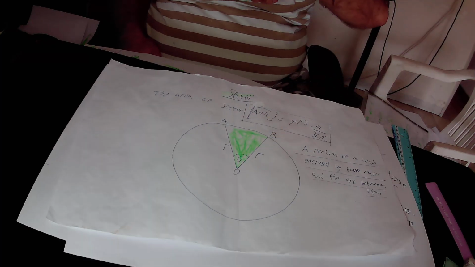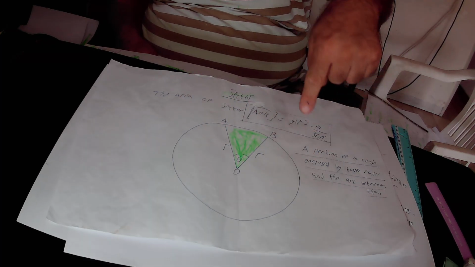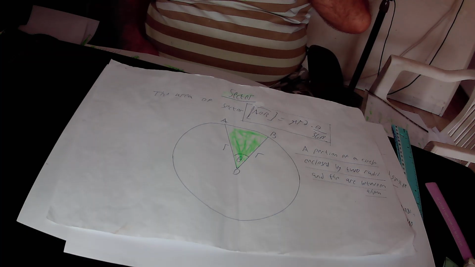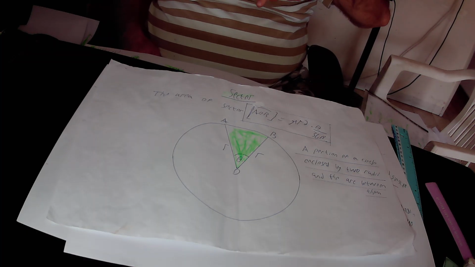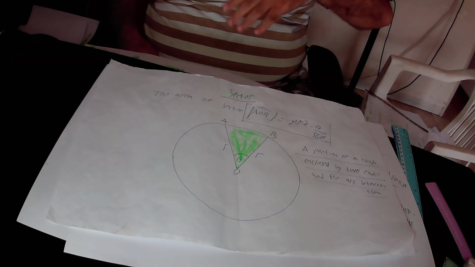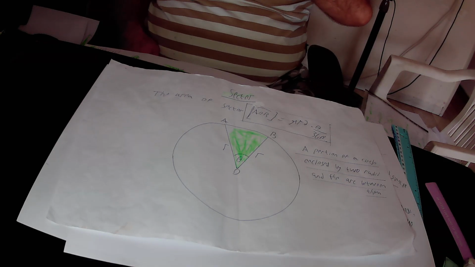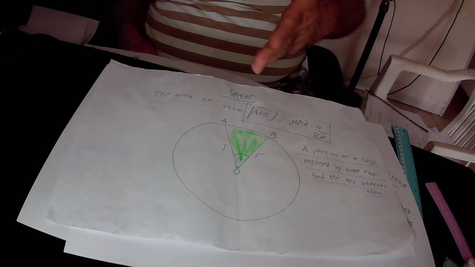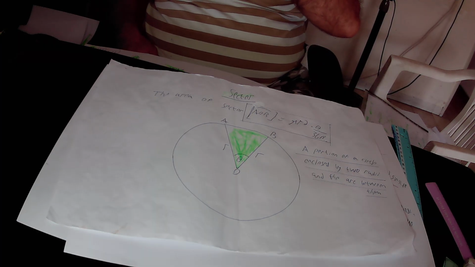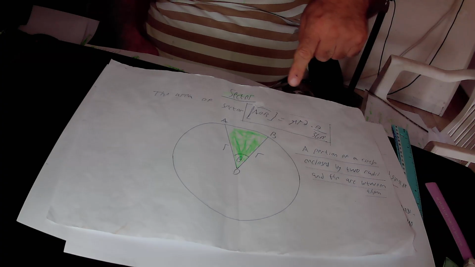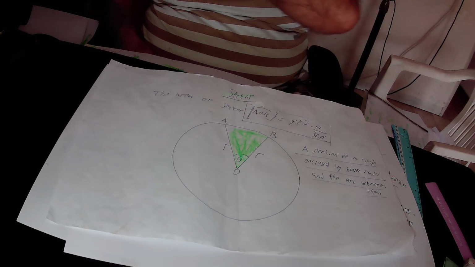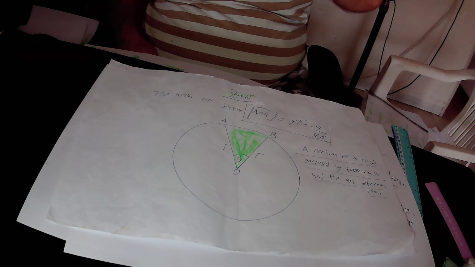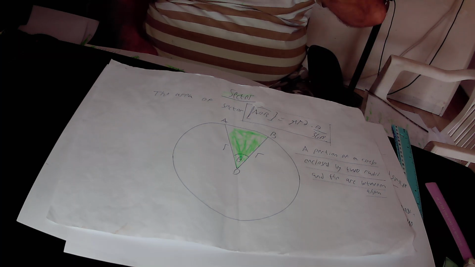This is sector AB. It is a portion of a circle enclosed by two radii and arc AB between them. The two radii are defined as the legs of the sector. The angle between the legs of the sector is theta. The area of this sector AB equals pi r squared, the area of the circle that contains the sector, times theta, the angle between the legs of the sector, over 360 degrees.